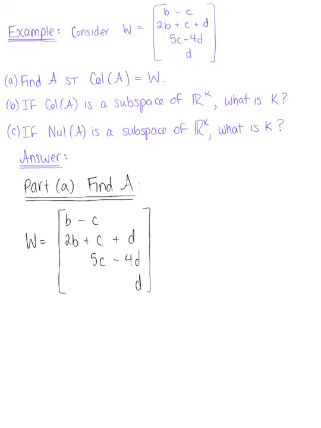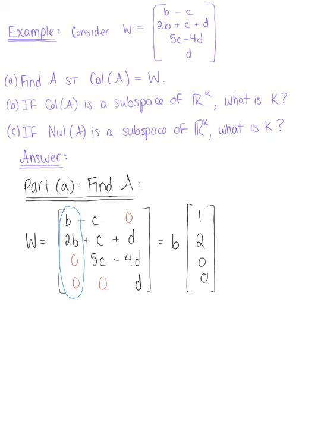If you can see it from here, by all means, go for it. Otherwise, you can fill in zeros for the missing places, and then we can rewrite this as a linear combination of the column vectors. Our first column is related to the weight b, so I have b multiplied by the column vector 1, 2, 0, 0.